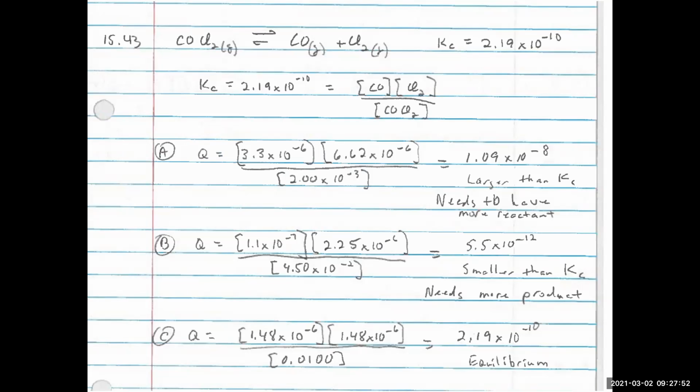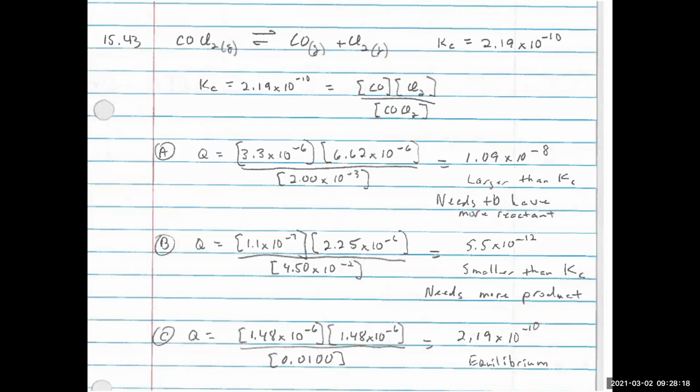The third one, given concentrations again, we plug those in and look at that. We get 2.19 times 10 to the minus 10. We look at that number, we compare it back to our equilibrium constant, they're the same. So what that's telling us is these concentrations are equilibrium concentrations.